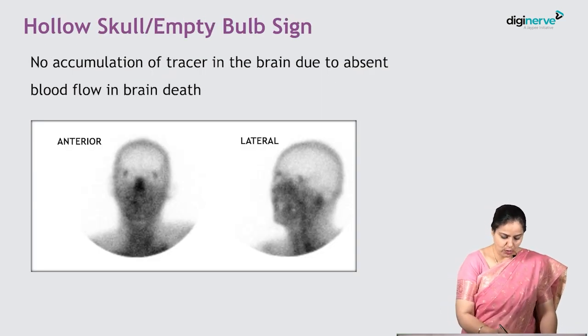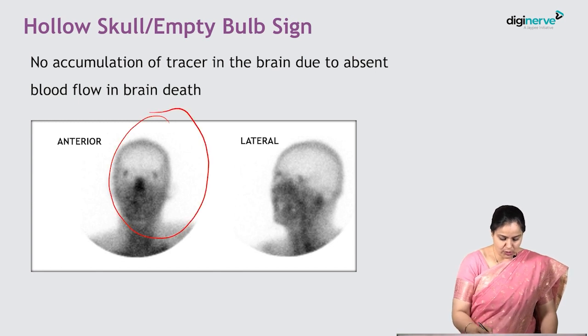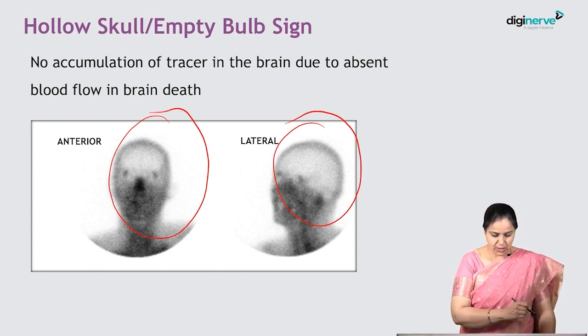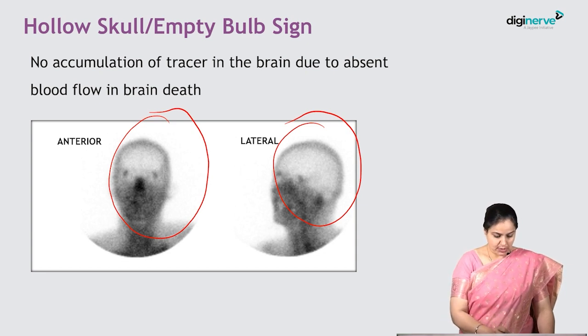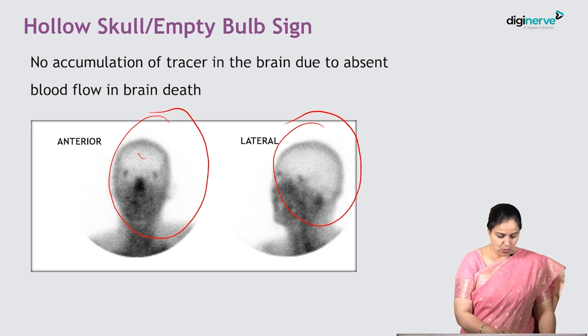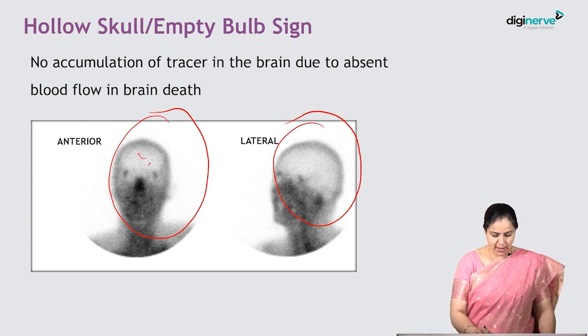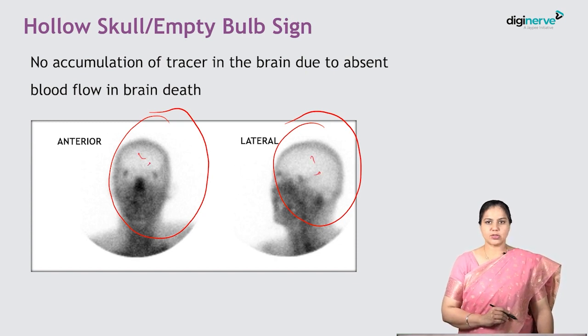Now, this is how it looks like. There is no accumulation of tracer in the brain due to absent blood flow in these patients. Now, this is called a hollow skull, or an empty bulb sign, characteristic of brain death.